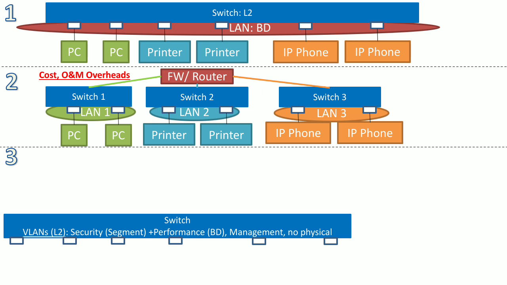For example, the broadcast traffic between PCs will be restricted only to PCs, and between printers only to printers. We can also arrange the devices in different VLANs as per our management requirements. There is no physical topology or physical cost associated with VLANs, and everything is done logically on a single switch.